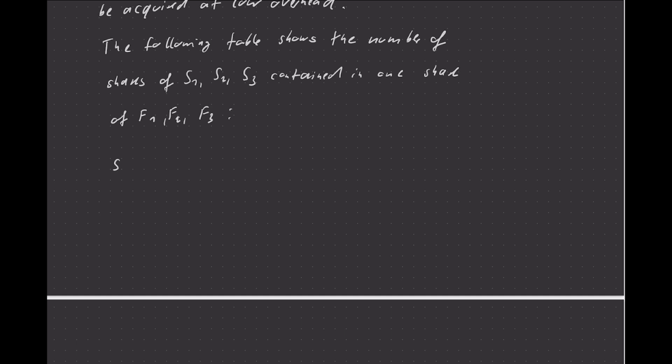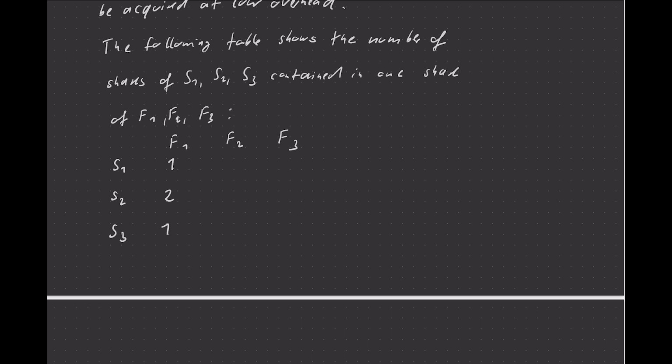So let's say we have these 3 stocks, S1, S2, S3. We have the equity funds, F1, F2, F3. And now one share of the fund F1 is composed of 1 share of S1, 2 shares of S2, and 1 share of S3.